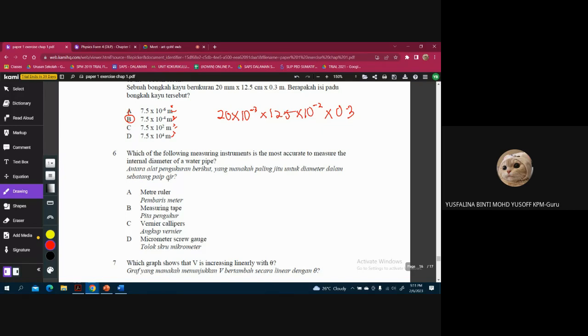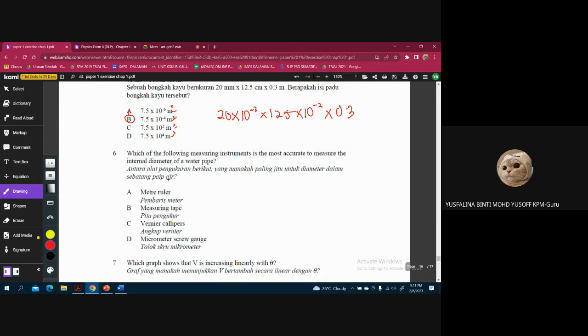If it's the thickness of a wire, a very small thing, you use a micrometer screw gauge, because it is more sensitive to the change of the length of the diameter there.